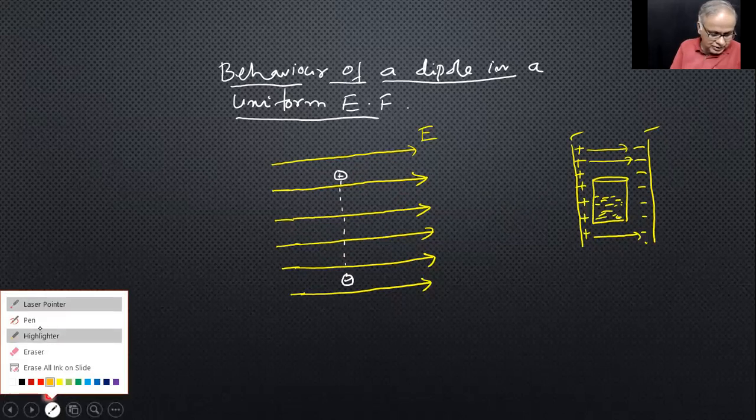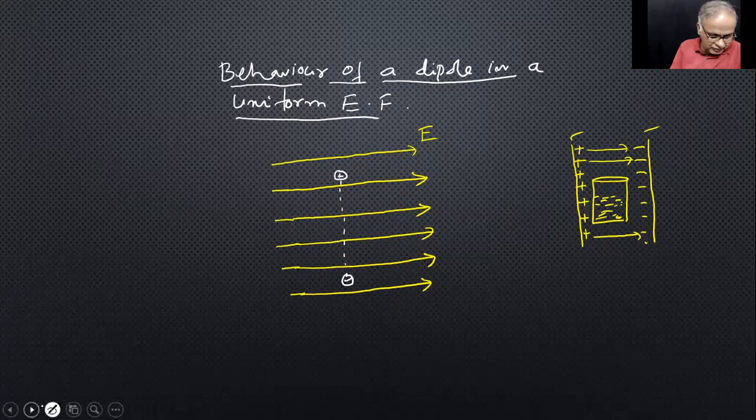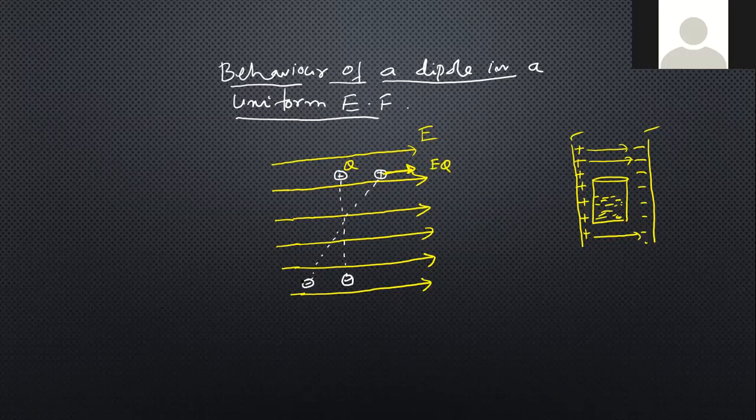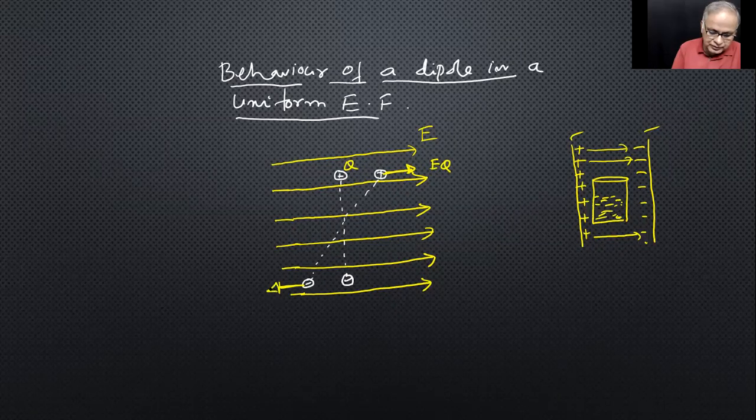So they don't accelerate the dipole's center of mass forward or backward, but they turn the dipole. I'll show a different position now. This dipole might have turned like this, the minus charge might have turned like this. This is how my dipole turned, because of an Eq force acting this way. This is a positive charge, therefore E will apply a force in the direction of itself, and on this it would have applied a force like this, Eq in magnitude.